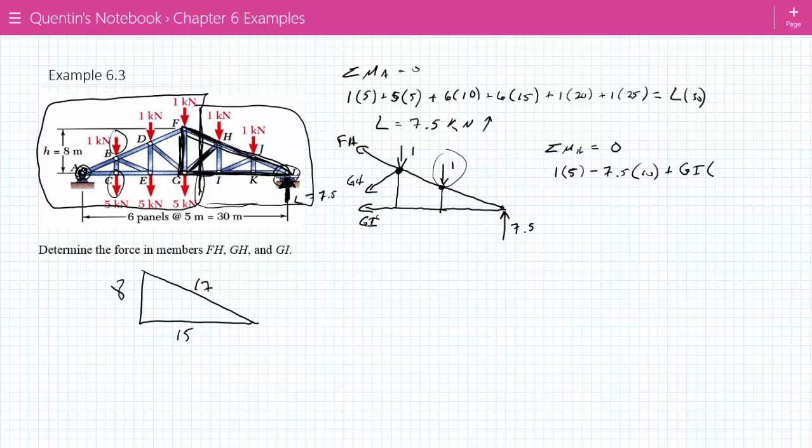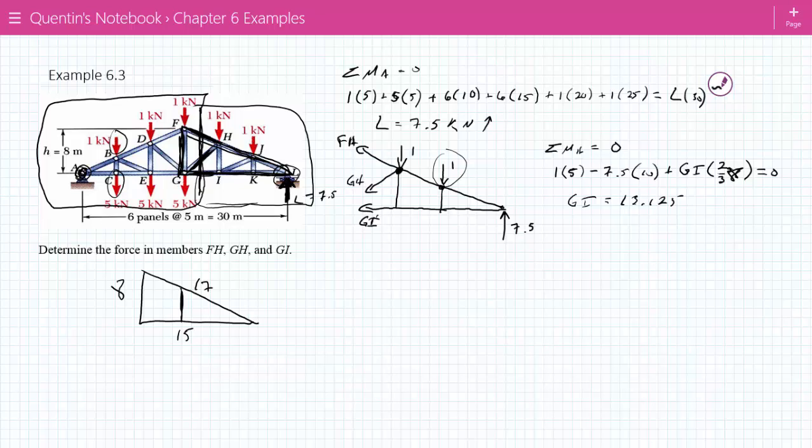But quite frankly, I know I'm going 2/3 of the distance. So this distance is 2/3 of 8, because that's what similar triangles tell me. And so GI is equal to 13.125, and that's a positive number.